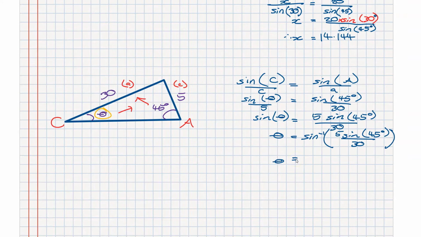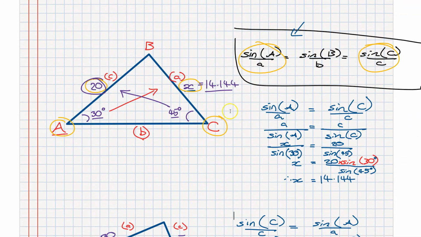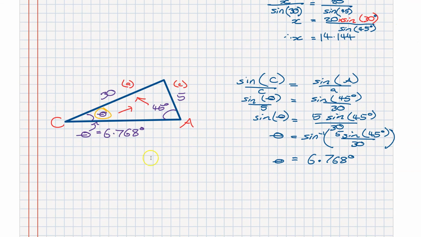Entering that in my calculator, what I get is an angle of 6.768 degrees. So this angle here is equal to 6.768 degrees. So that's how we'd use the sine rule to firstly find an unknown side length, so x in this question, and then how we can use the sine rule to find an unknown angle, so this theta.